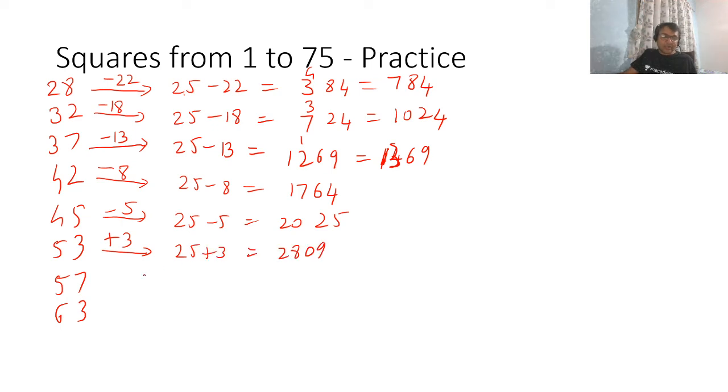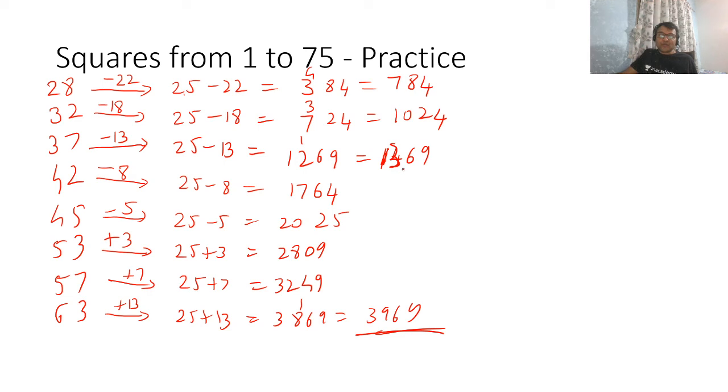I think this we did earlier. 57 is 7 more than 50, so 25 plus 7 is 32, and 49. 63 is 13 more than 50, so 25 plus 13 is 38, and 13 square, which will give you 3969.